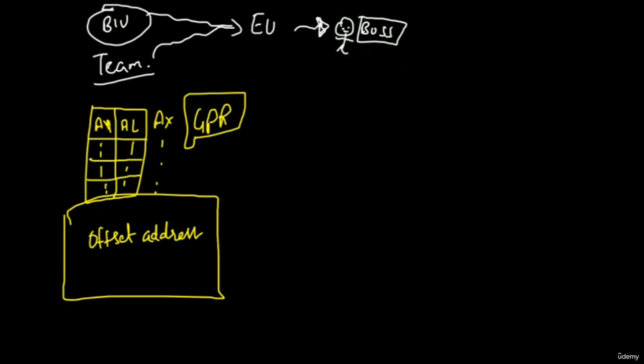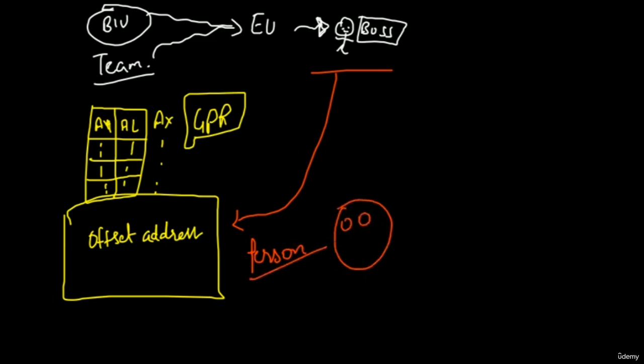So as the boss, you are having the offset address, meaning the people who have all the locations.